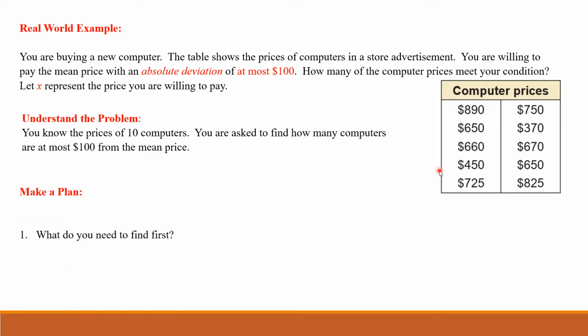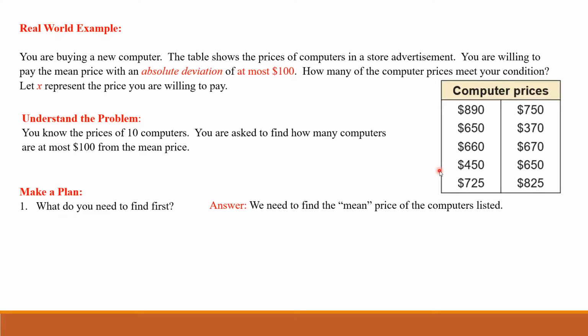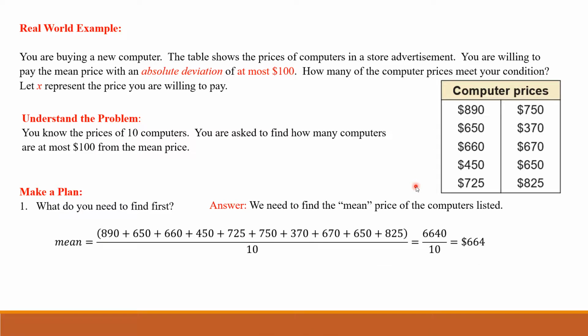Well, let's make a plan. What do you need to know first? We need to know the mean price of the computers that are listed, because we want a deviation of at most $100 from the mean price. So we have to find the mean. Remember that mean is the same as average. To find the average of all the prices, we add all of them together, and there are 10 prices shown in the table.